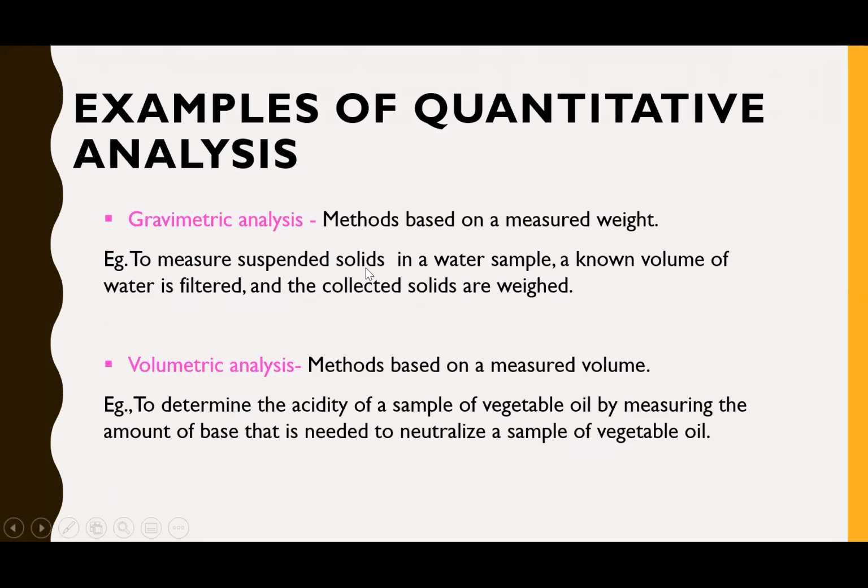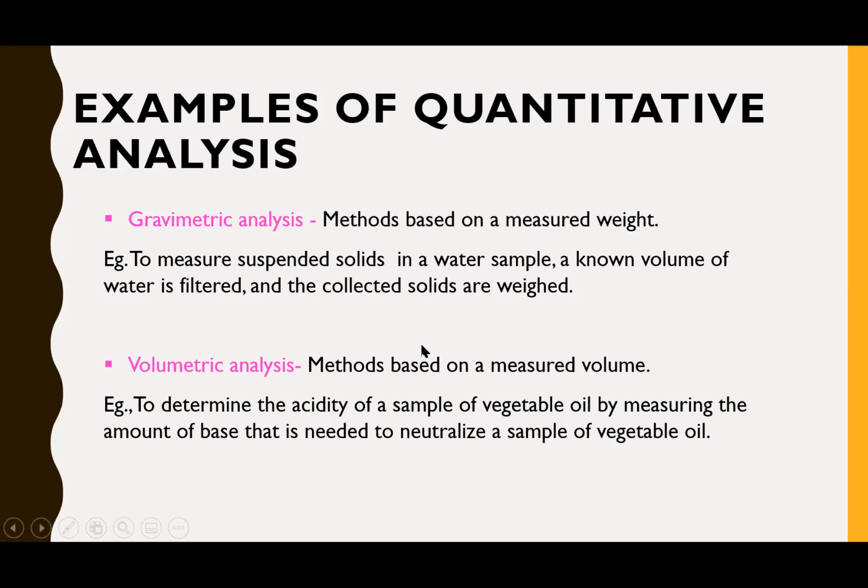So gravimetric analysis methods are based on a measured weight. For example, if you determine the suspended solid content in a water sample, that is called gravimetric analysis. You measure the weight of the suspended solid and then you get a value on how much suspended solid is contained in your water sample.